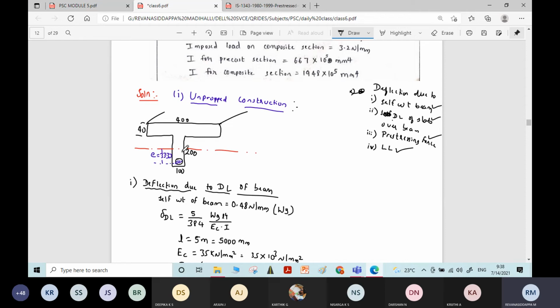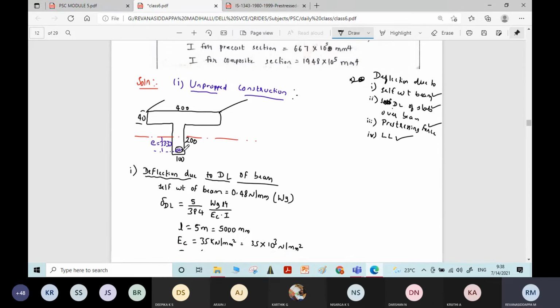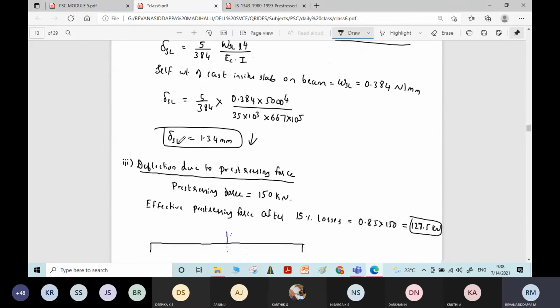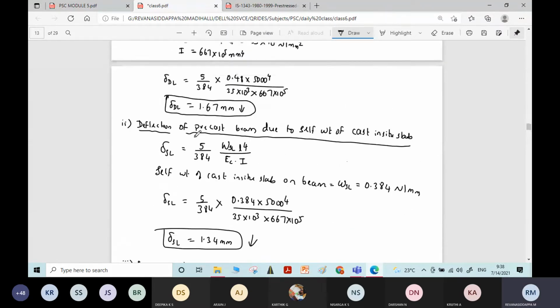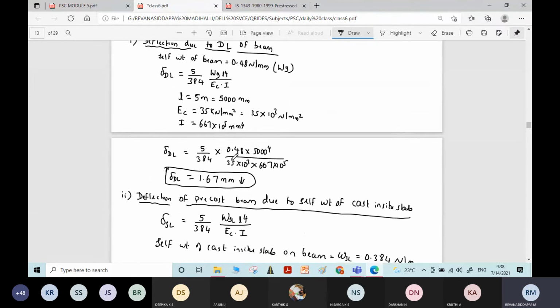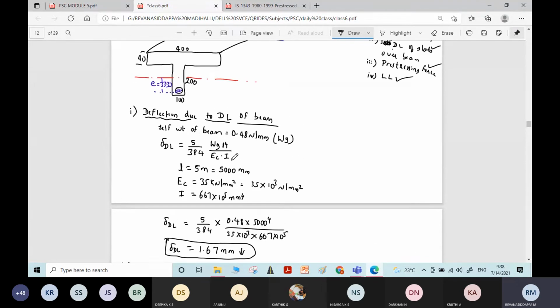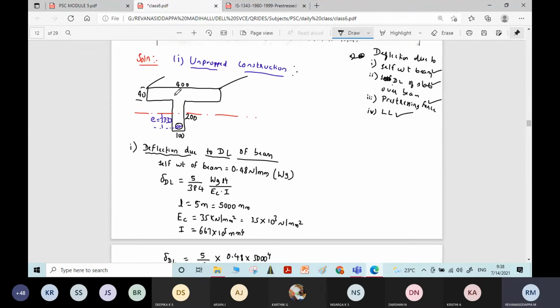Therefore, while finding deflection due to slab load, for propped construction, we need to take moment of inertia of the full section, because this beam and the slab will act as a whole. It will act as a monolithic element, a single element having uniform material properties.